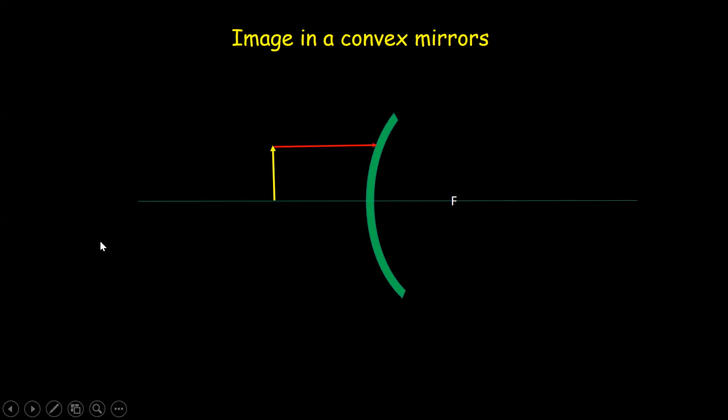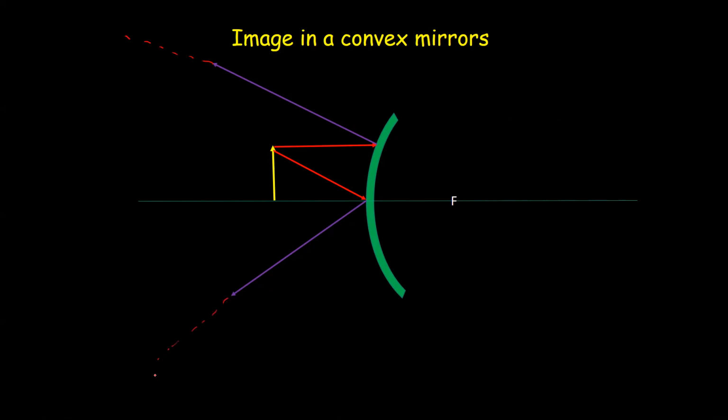We use 1 parallel one, but remember the parallel light reflects in a way that its extension will pass through the focal point. So it's reflected back, but its extension goes through the focal point. So you see the 2 reflected rays are diverging, and it's something that we expect as a convex mirror is a diverging mirror.